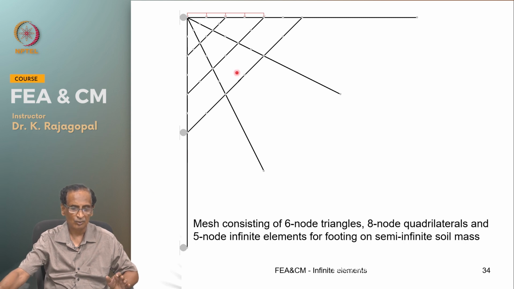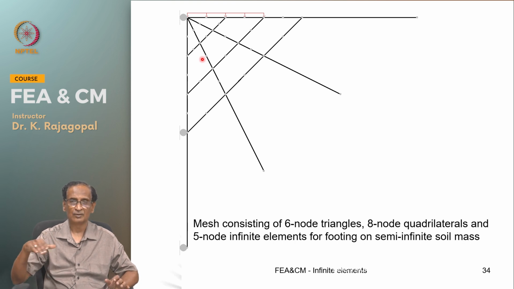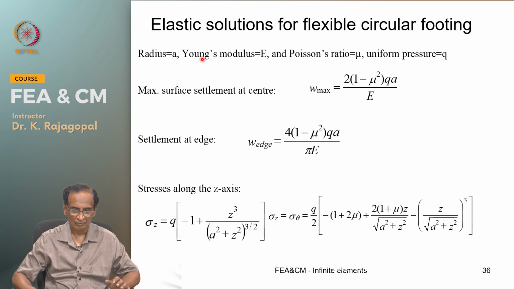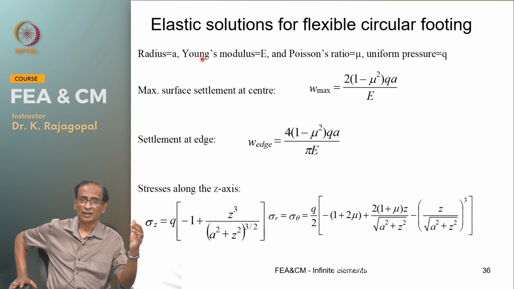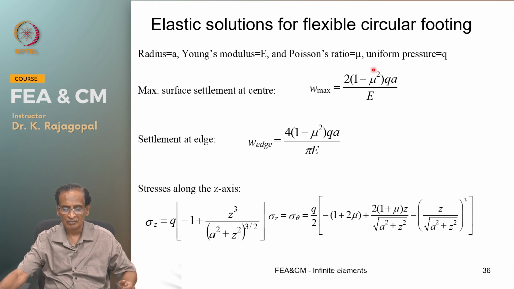And we can also use a combination of quadrilaterals and triangles. So, here I have drawn some radial lines for representing your infinite distance, and we can compare our finite element results with the corresponding theory of elasticity solutions.